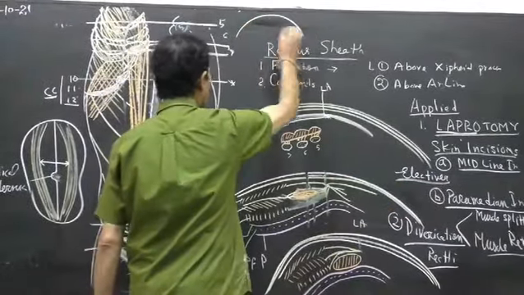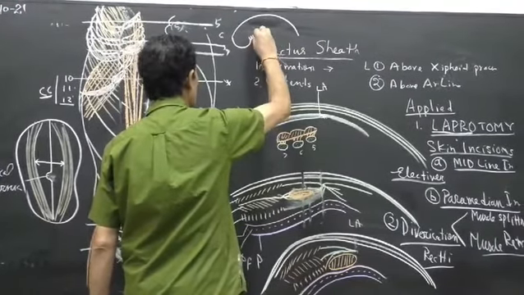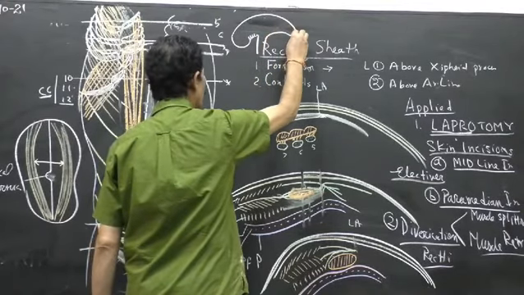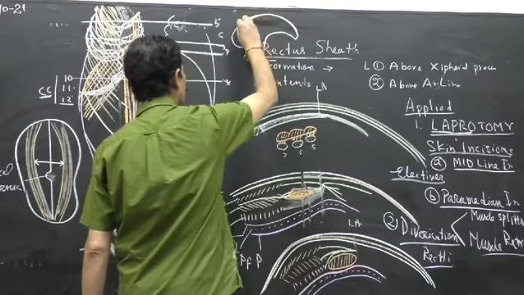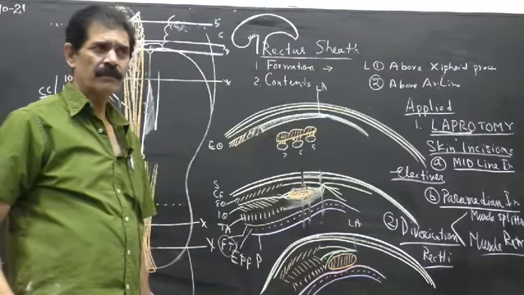You see the embryo: this is the head end, the branchial arches, the umbilicus, the caudal end. So this is the dorsal surface of the embryo, and the dorsal surface already has the surface ectoderm.